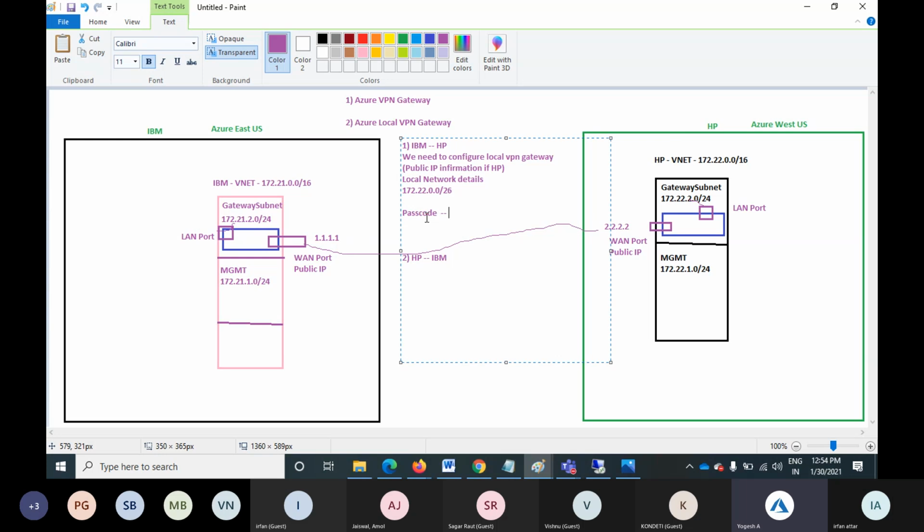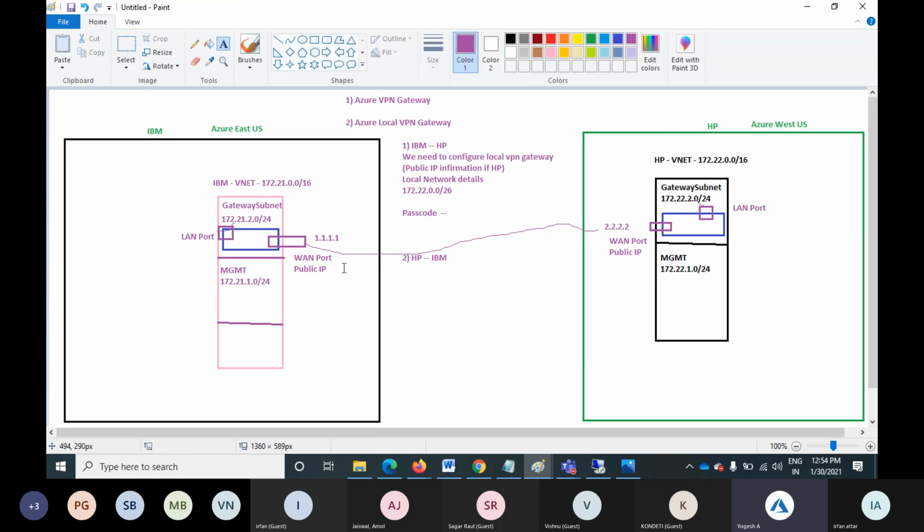If you are not using the same pre-shared key, then your site-to-site tunnel will not be generated. During the tunnel creation, it will check the pre-shared key, and that key needs to be the same on both sides. Any question, any doubt so far? Once you prepare the connection at both sides, then your terminal server should communicate with your other terminal server.